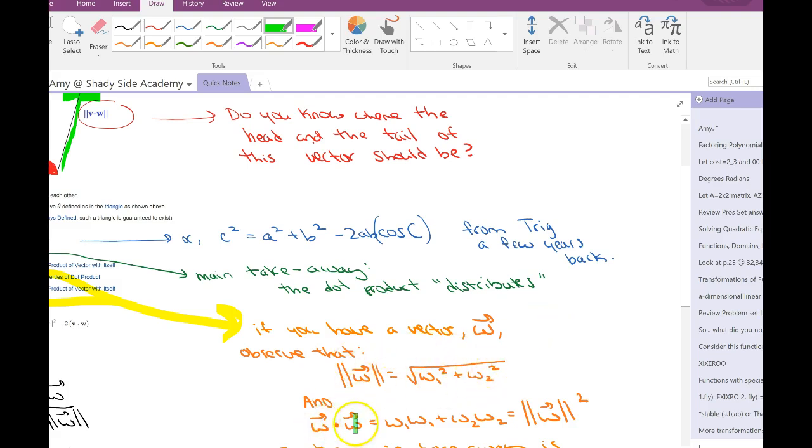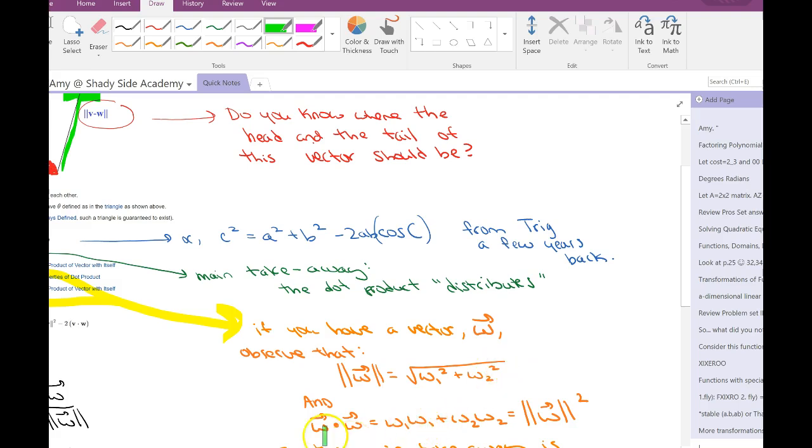You also know the dot product of two vectors is the x component times the x component plus the y component times the y component. But here you're dotting a vector with itself, and you'll notice that w1 squared plus w2 squared is just the radicand of the magnitude expression.